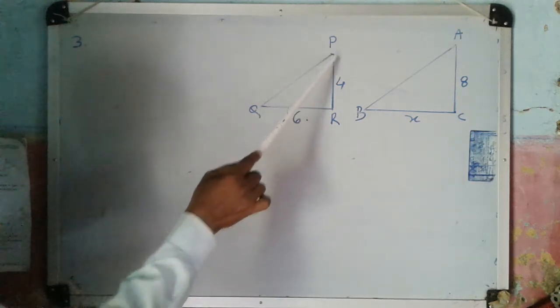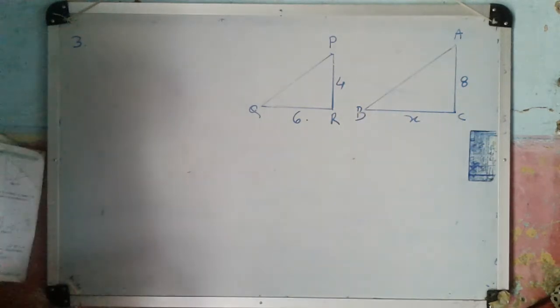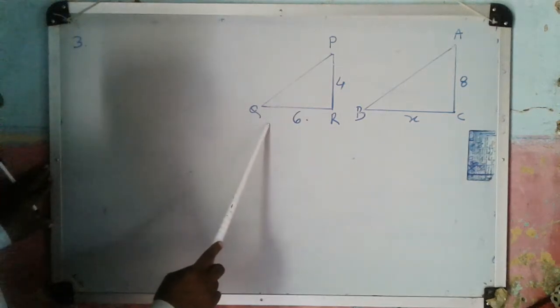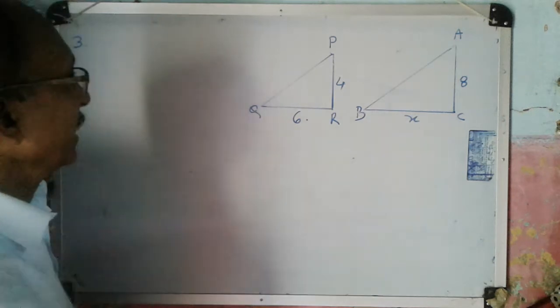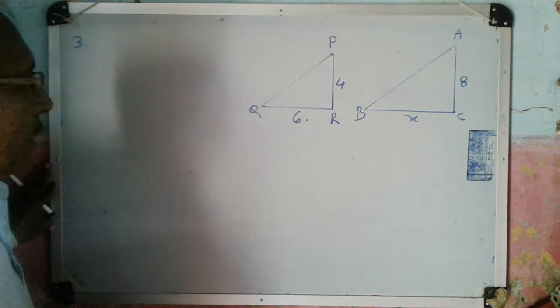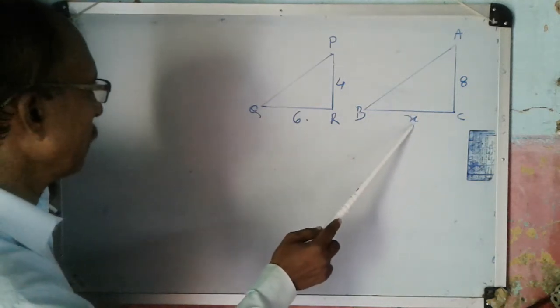QR is the shadow of pole PR, and this is the shadow of pole AC. So I have to find the length of BC, and in the figure that length is given as x. That means we have to find the value of x.